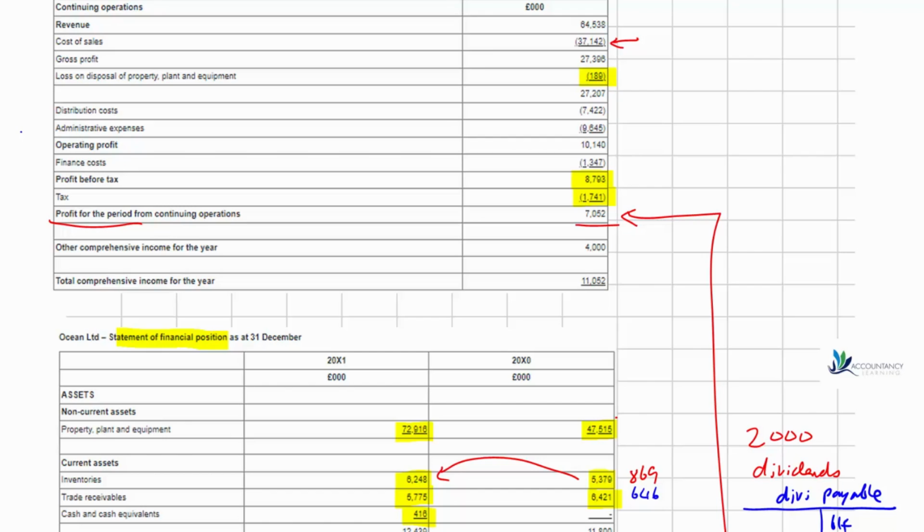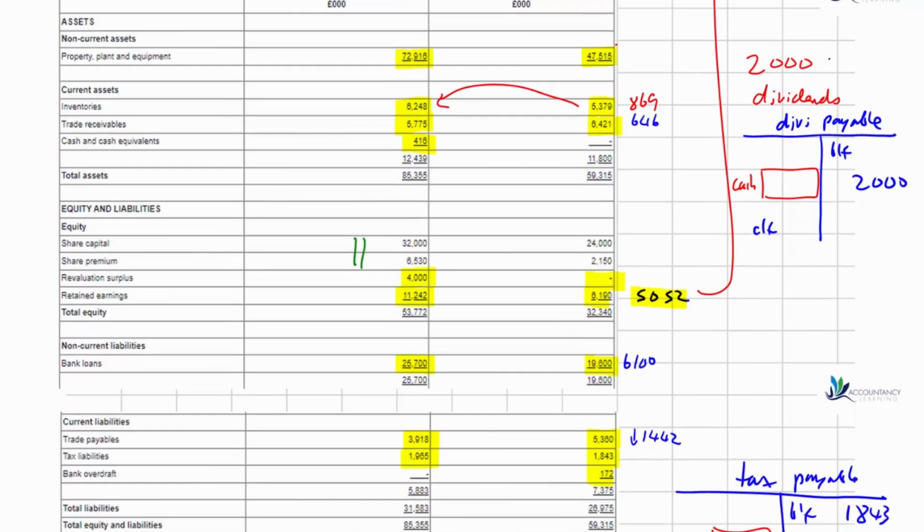Because if you think about how we calculate that loss, we would have the proceeds from selling the asset, and then deduct from that the net book value of the asset. That will give us, in this case, a loss of 189. Once we've worked out the other numbers, we'll be able to find out which missing number we need to put in our answer. But anyway, that loss is a non-cash transaction.